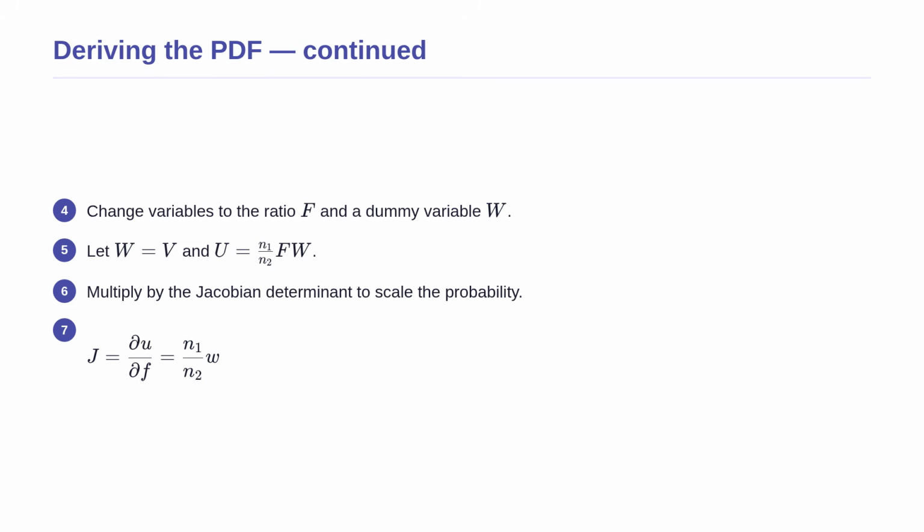In calculus, when we change variables like this, we must also multiply by a scaling factor called the Jacobian determinant. This Jacobian ensures that the total probability remains exactly 100% when we stretch and squeeze our coordinate system. Taking the partial derivative of u with respect to f gives us our Jacobian, which is n1 divided by n2 times w.